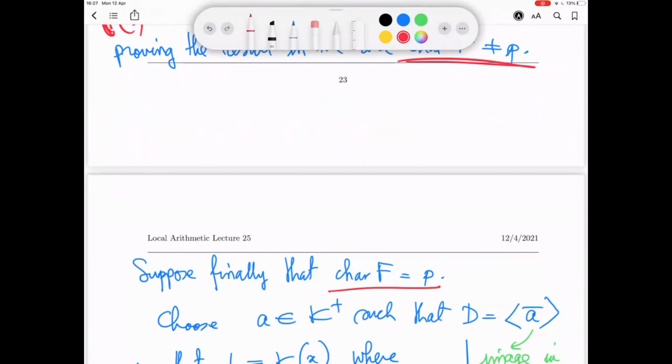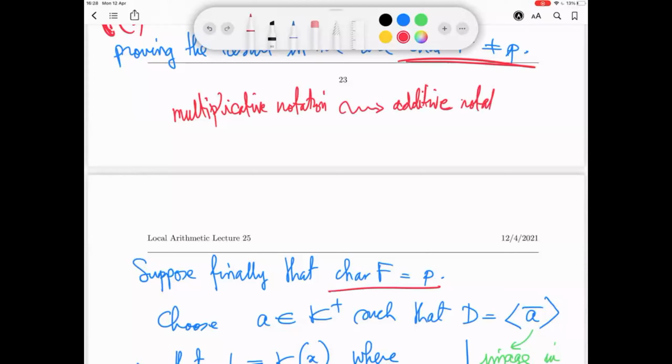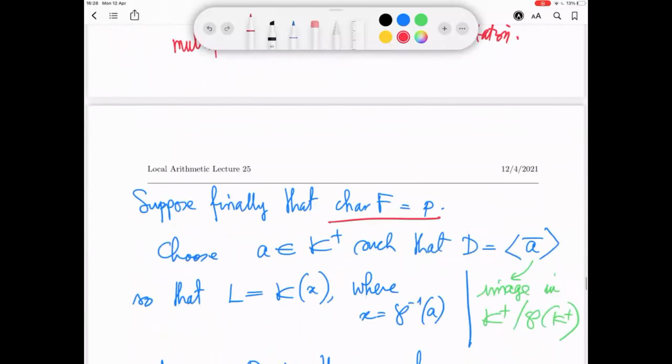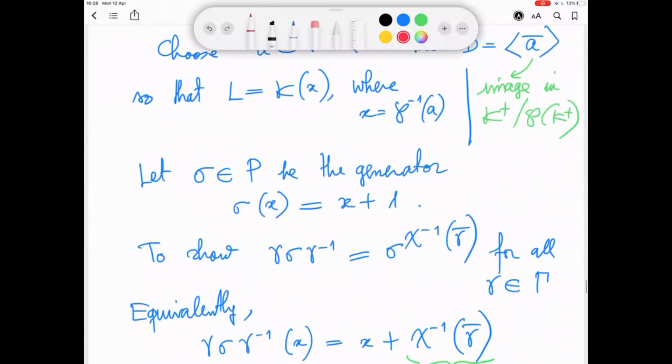The only difference is going to be the shift from multiplicative notation to additive notation. And here it is, it's written out.